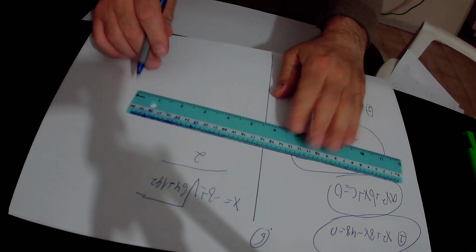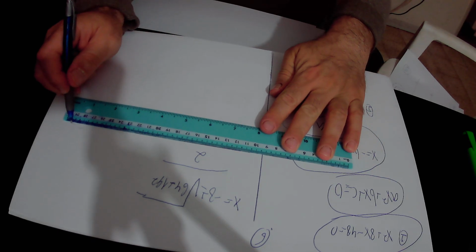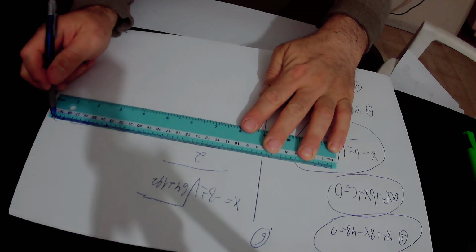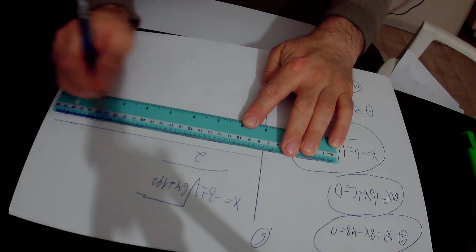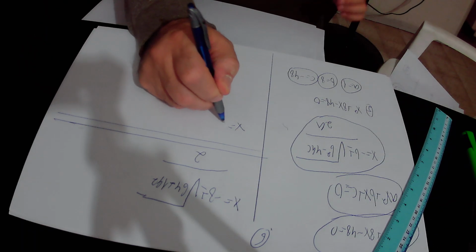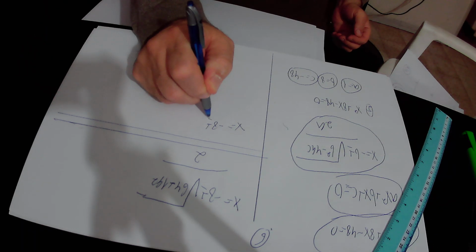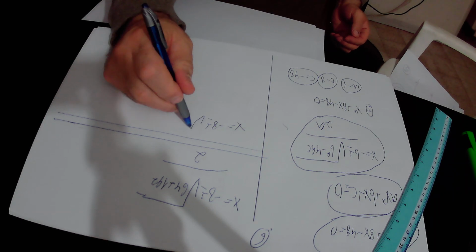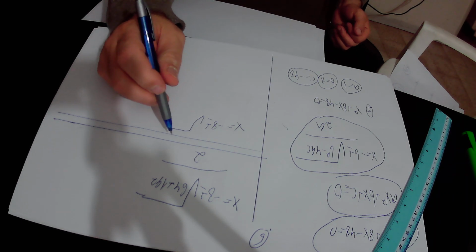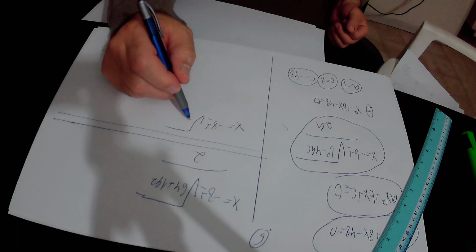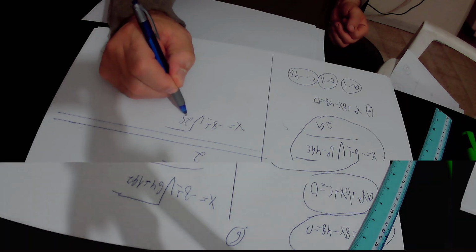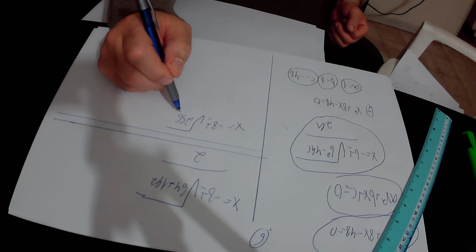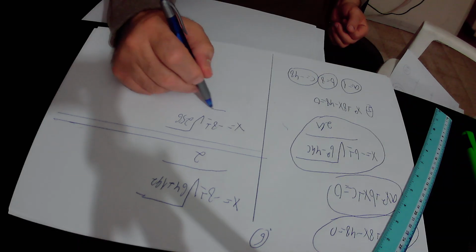So I found out that x equals minus 8 plus minus, inside the root we have 64 plus 192 is 256, so we are left only with 256 inside the root, divided by 2.